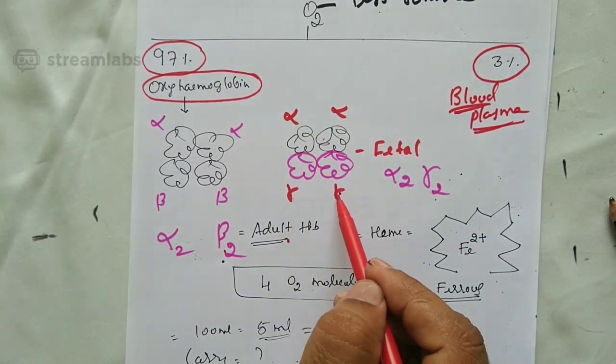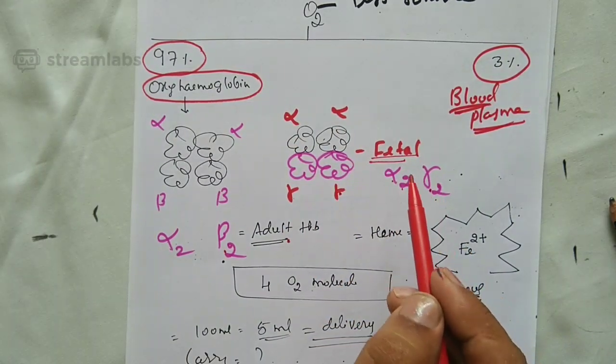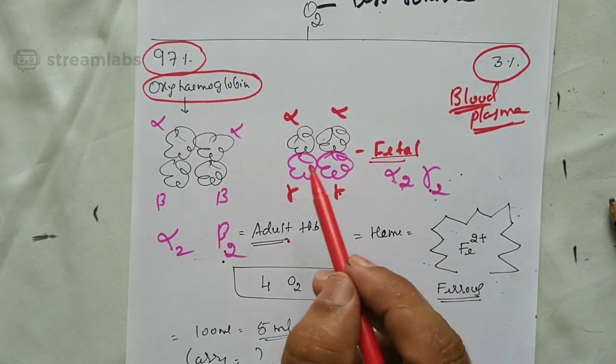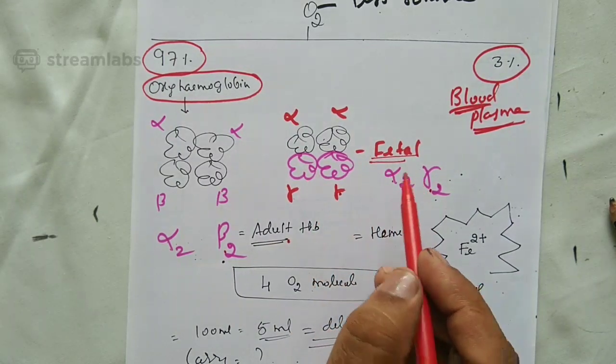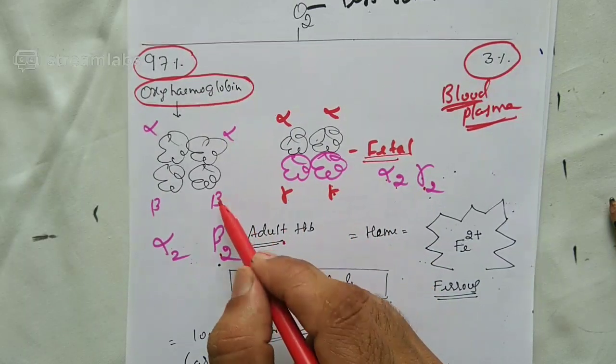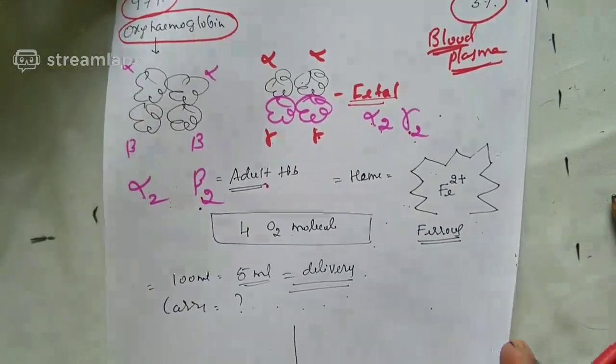So fetal hemoglobin is called alpha 2 gamma 2. Please remember that. So fetal hemoglobin is not exactly like adult hemoglobin. That means in adults, the gamma chains are replaced by beta chains. That's one aspect. And what is the reason for it?